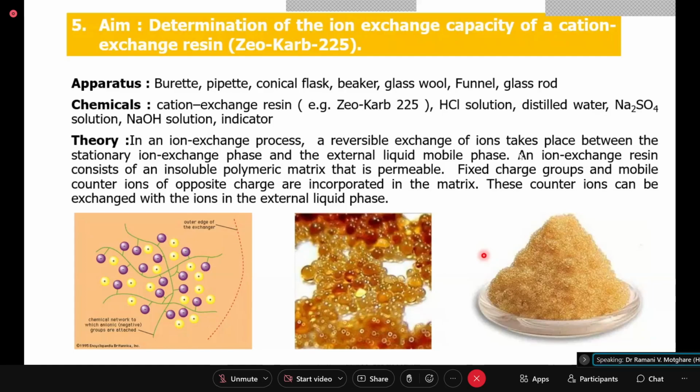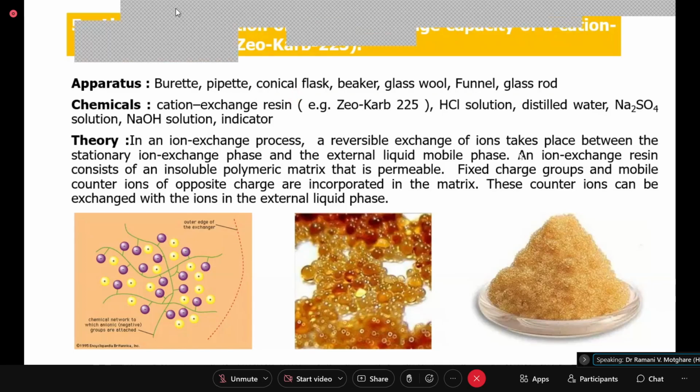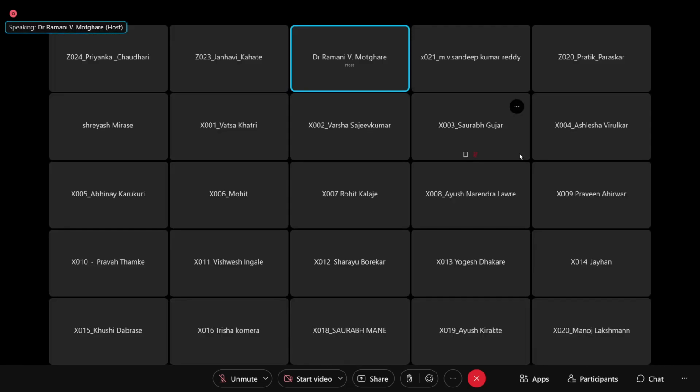No, ma'am. Okay. Now, I had good photographs, but I don't know where they are now. Unable to find. It was put into this experiment only. Okay. So we will go to the next experiment.